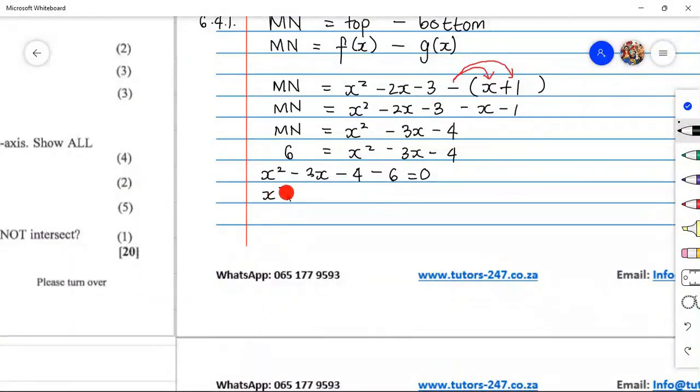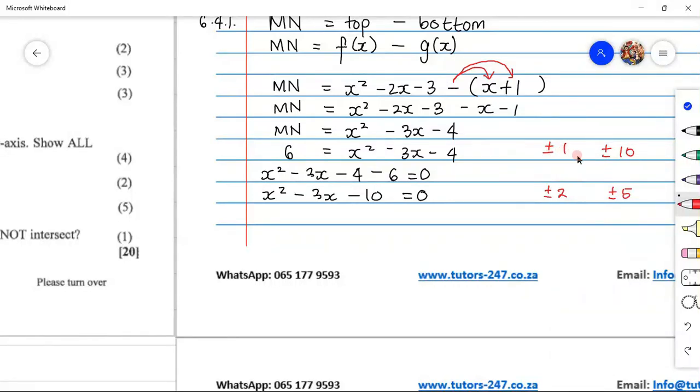So our equation is now x squared minus 3x minus 10 equals 0. So if we were to factorize this, we need factors of negative 10 that, when added up, give us negative 3. So we know the factors of negative 10 are positive and negative 1 and positive and negative 10. The other factors are positive and negative 2 and positive and negative 5. So let's test them out.